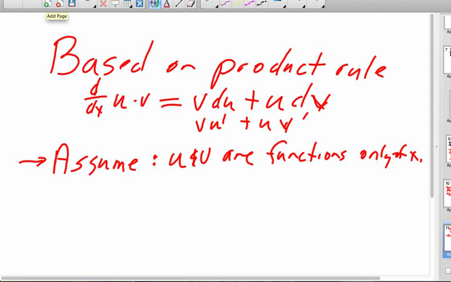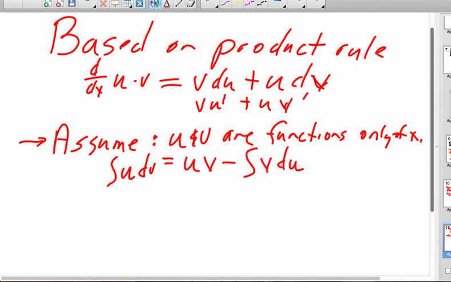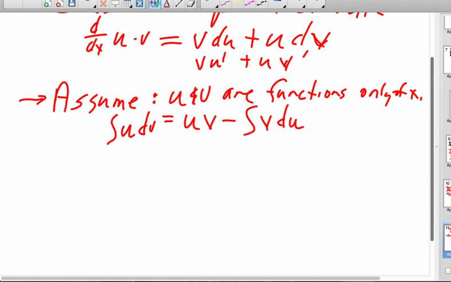And what we're going to end up with is the basic rule for integration by parts: the integral of u dv equals uv minus the integral of v du. All right, and u and v are these functions. Well, this looks really gruesome, but it's not.